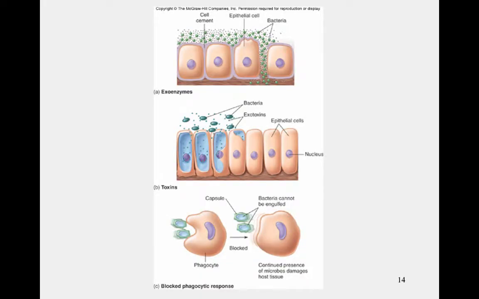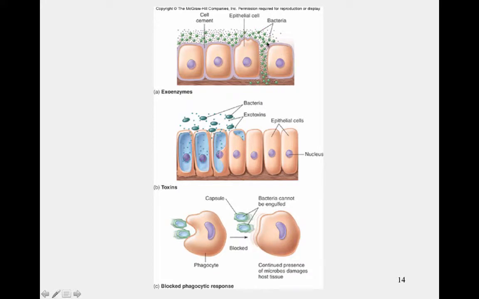All right, so here are a few cartoon illustrations of an exoenzyme at the top. So these little green circles are the representative pathogenic bacteria that are releasing a toxin from the intracellular contents into the external environment, and this toxin will destroy the cells or the tissue in the surrounding environment.